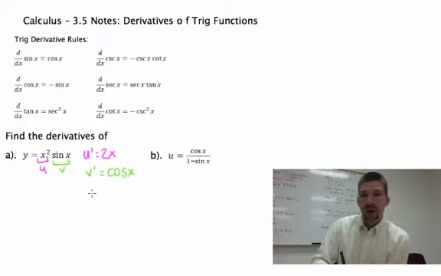So when I solve this problem out, I'm going to take the first function times the derivative of the second. So y prime is equal to the first function times the derivative of the second, plus the second function times the derivative of the first.